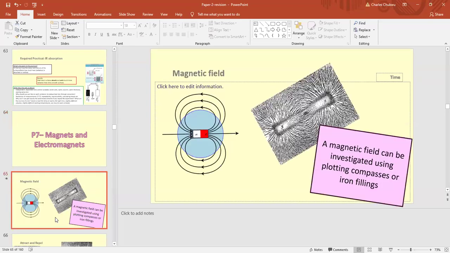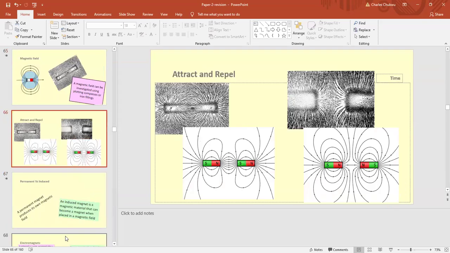Okay. So take a look at this. Looks familiar? Yes. Okay. All right. So these are the diagrams that show attraction and repulsion.